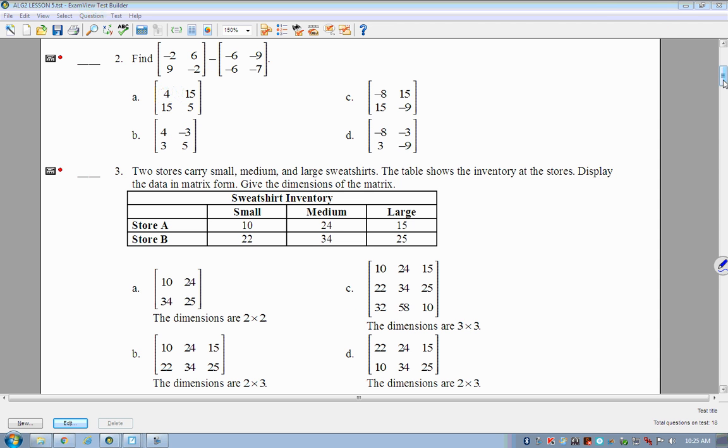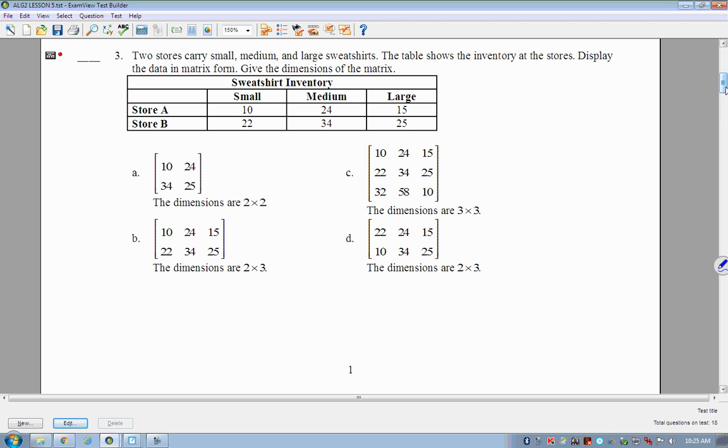Okay, now they also told us in here that matrices will represent data that normally would have been in a table. Okay, here's an example of that. I've got store A, I've got store B. I've got small, medium, and large sweatshirts. Okay, which one of these matrices represents the data that is there? B, because it has the correct dimensions, right?